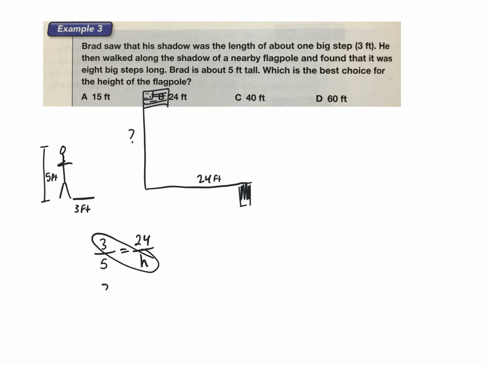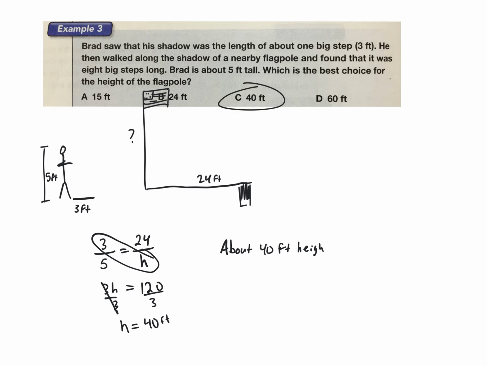It's going to be 3h is going to equal 120, dividing by 3. h is equal to 40 feet. So again, I'm going to say about 40 feet high. So the answer would be C.